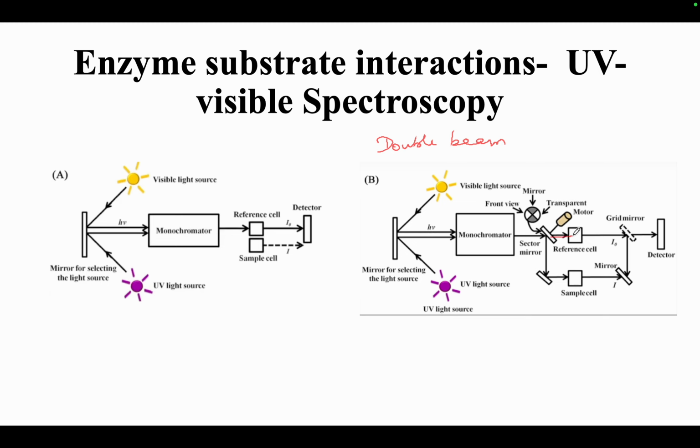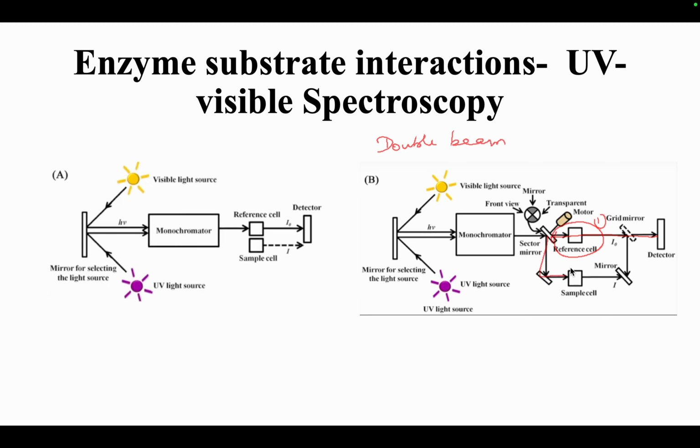One beam goes into the reference cell, and the second beam, which is divided by this mirror, goes into the sample. Basically this mirror is splitting the one beam into two.